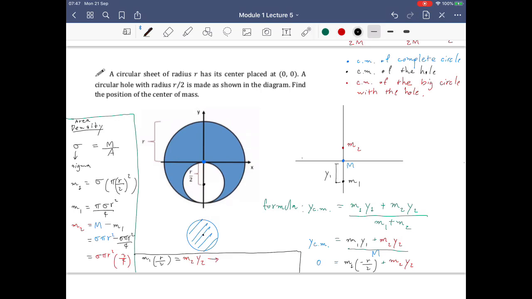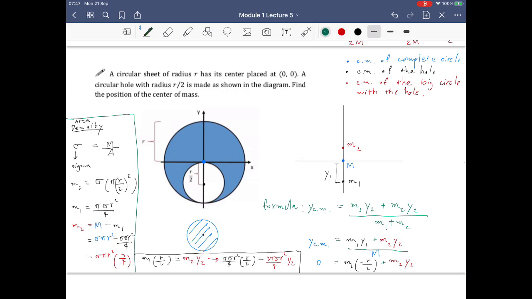Now we put m1 and m2 into the equation. What we have is pi sigma r square over 4 multiplied by r over 2 must be equal to 3 pi sigma r square over 4 and then y2.